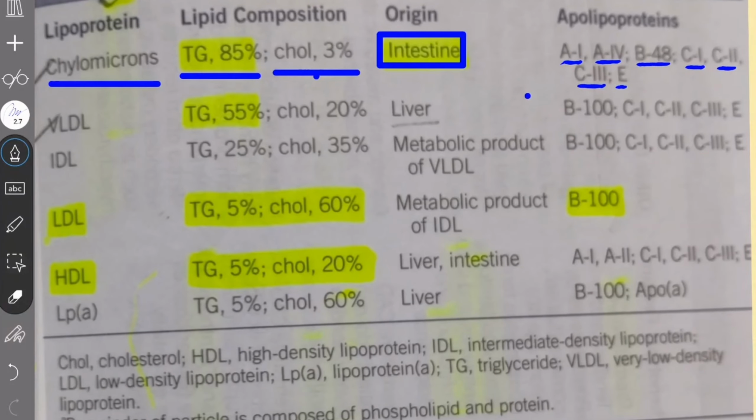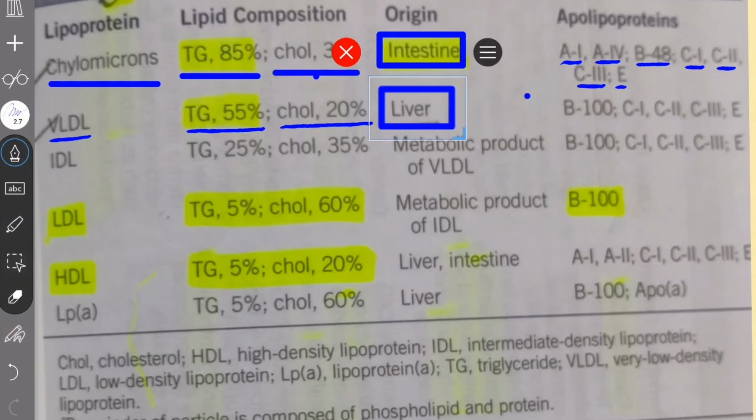Next comes the VLDL, very low density lipoprotein. The maximum composition is triglycerides, that is 55%, and cholesterol is 20%, and it originates in the liver.